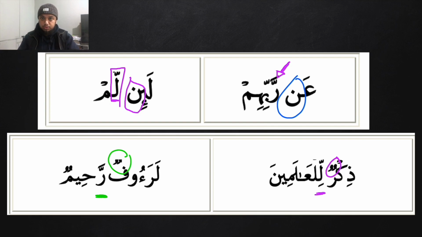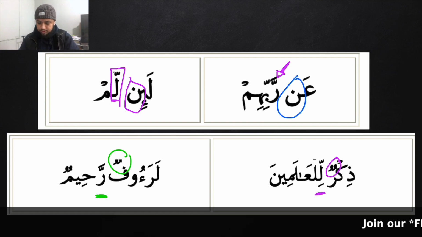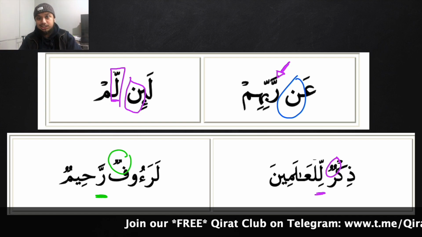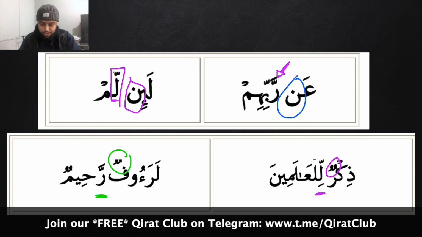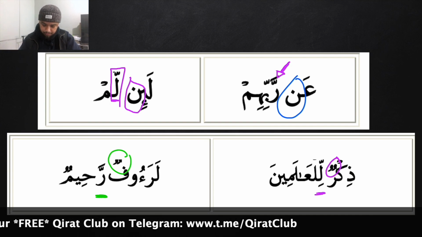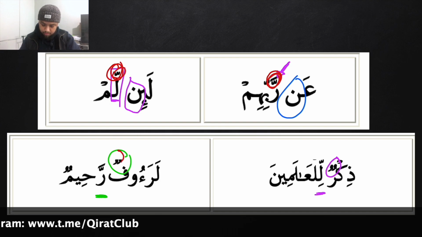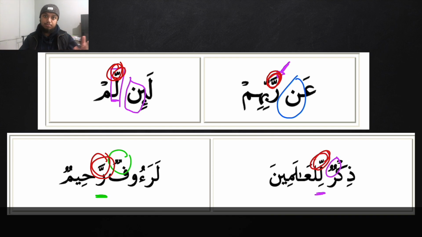Some of you may have noticed that in the case of idgham without ghunnah, the ra or the lam have shadda on them. And we've covered in previous videos that shadda is like a very powerful magnet.